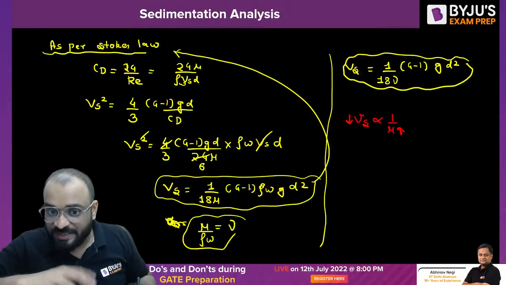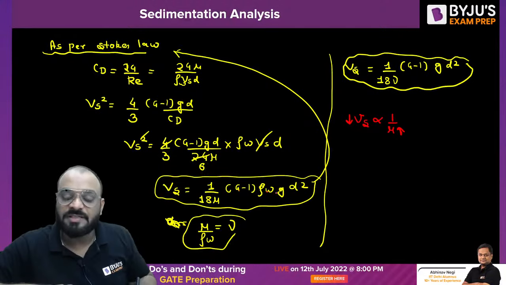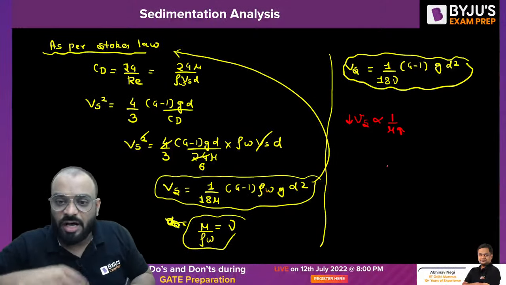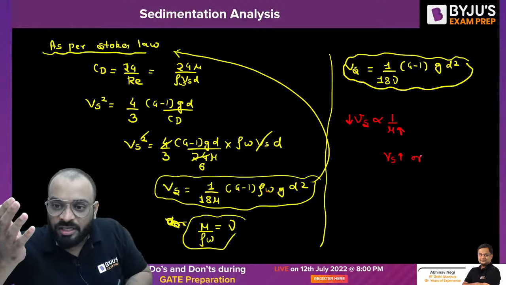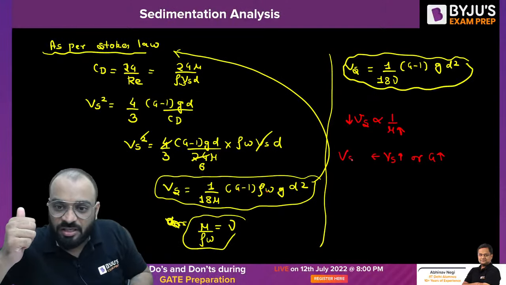Correct? Now the second thing is the density of particle. You can see here guys, g into rho w is basically our specific weight of particle. Now tell me guys, if you have more specific weight of particle, or you can say G is more, then can I say that the settling velocity will be more?